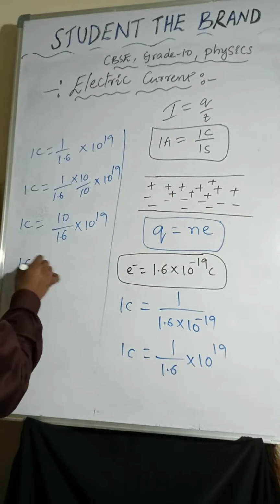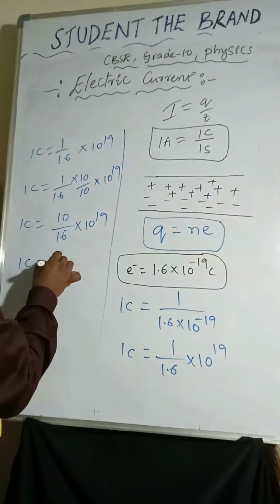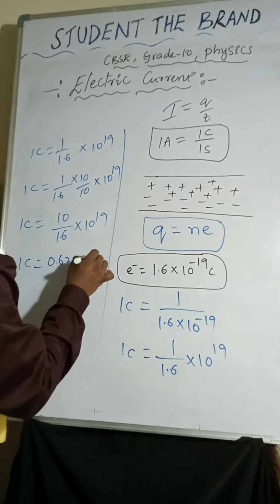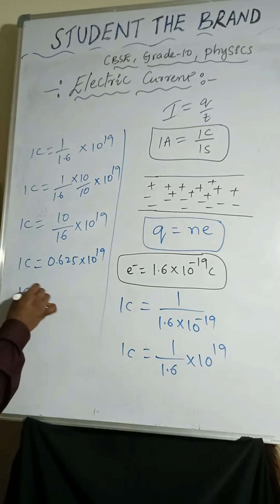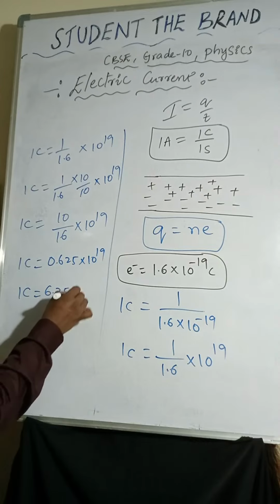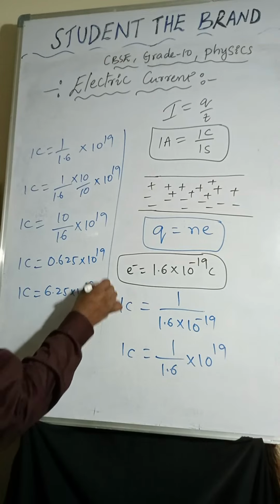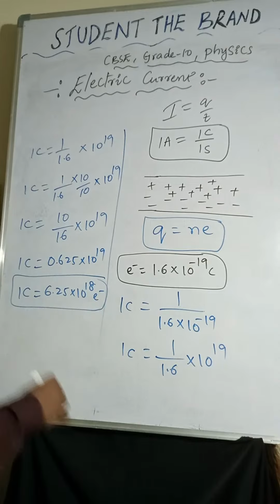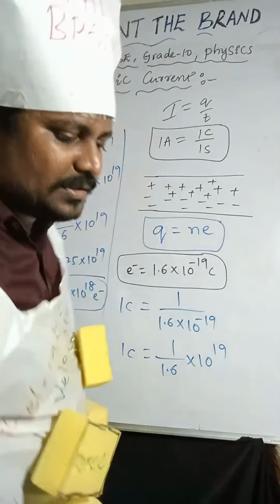So 1 coulomb equals 0.625 into 10 power 19, that is 6.25 into 10 power 18 electrons. So in 1 coulomb, 6.25 into 10 power 18 electrons are present.